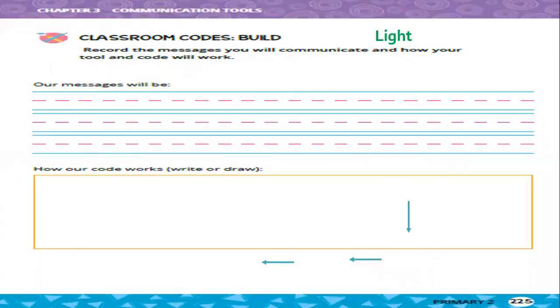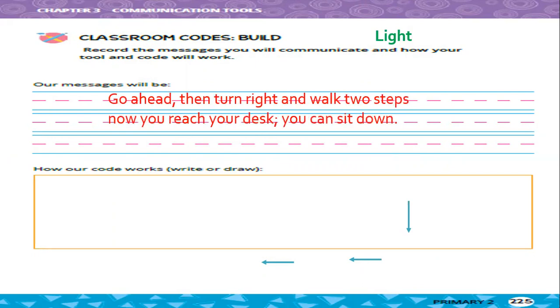Our messages will be, go ahead. Of course, we will say that using a green light. Then turn right and walk 2 steps. We will say that using red light, then yellow light. Now you reach your desk. We do that using a blue light.